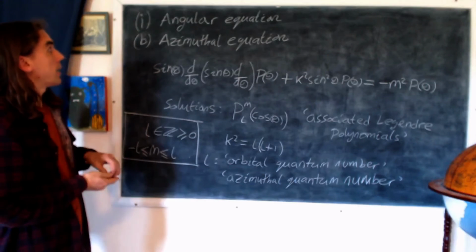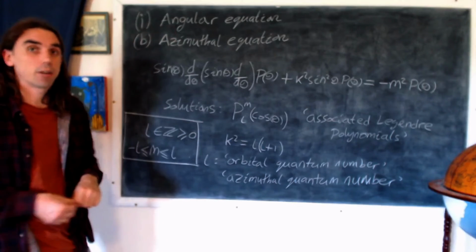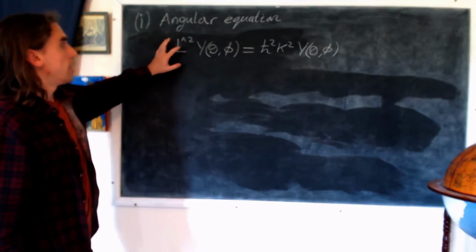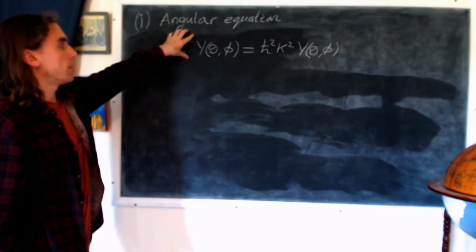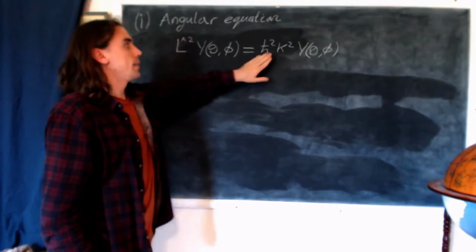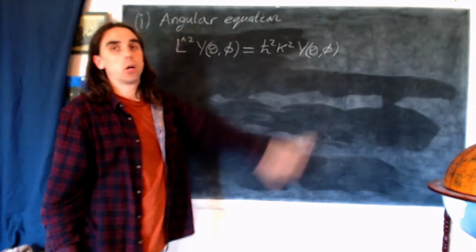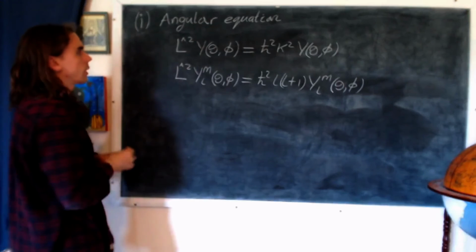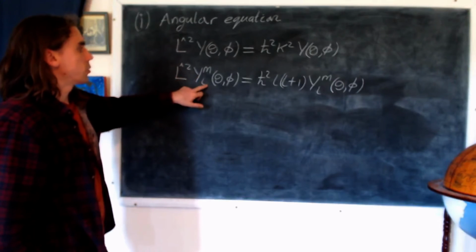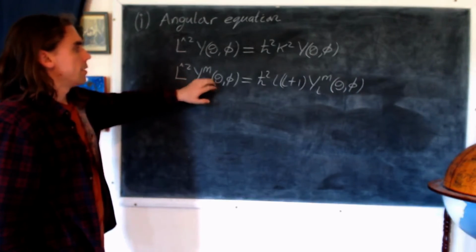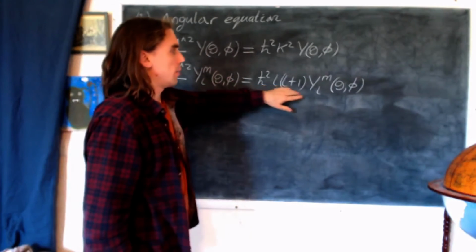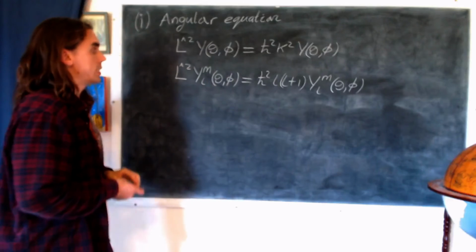So putting all this back together, we can get the solutions to the angular equation. Recall that our equation was the angular momentum squared operator acting on Y of theta and phi is equal to h bar squared k squared Y of theta and phi. And we now see that the solutions are these: Y subscript L superscript M of theta and phi, returning the eigenvalues h bar squared L(L+1), multiplying the same.